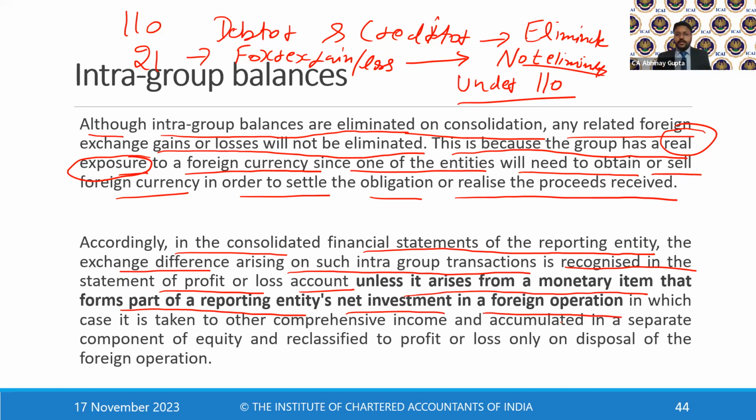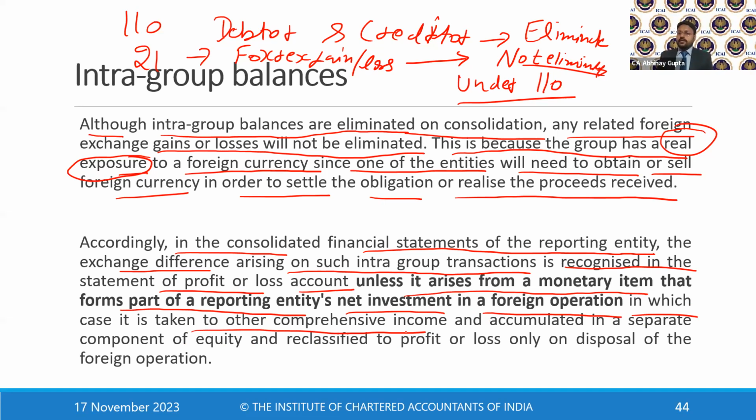So any such exchange gain or loss recognized in the separate financial statements of the parent company, the foreign operation, or both, will not be eliminated unless it arises from a monetary item that forms part of the net investment in the foreign operation, in which case it is taken to OCI.